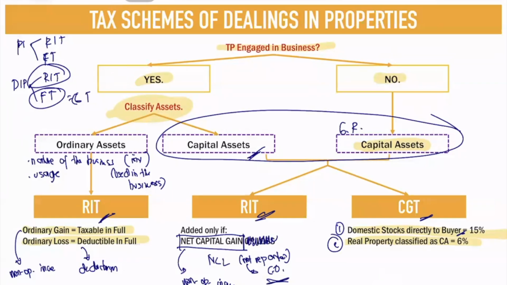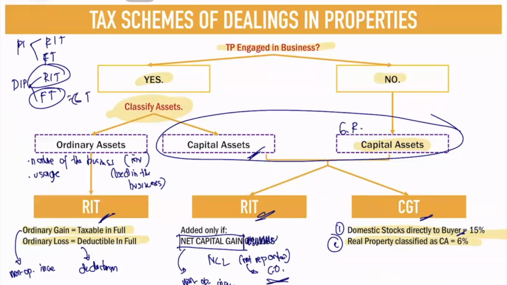Let's say, for example, I'm engaged in business and I'm using my cell phone to answer calls or to text my clients, etc. My cell phone, therefore, is classified as an ordinary asset. But what if I'm not engaged in business? I only have my cell phone. The cell phone is considered as a capital asset. Another one, a table. Table used in business can be classified as an ordinary asset.